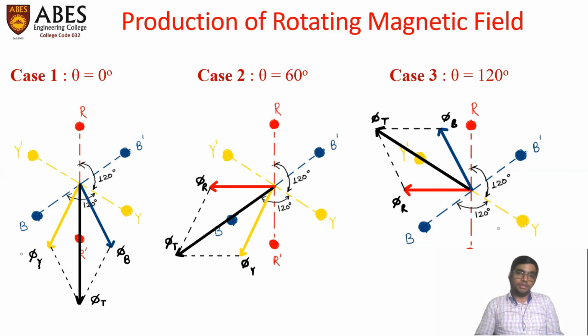But this phenomenon is applicable only for a two-pole machine. If we consider a four-pole machine or six-pole machine, then one complete revolution will take place over a number of cycles of the input supply.